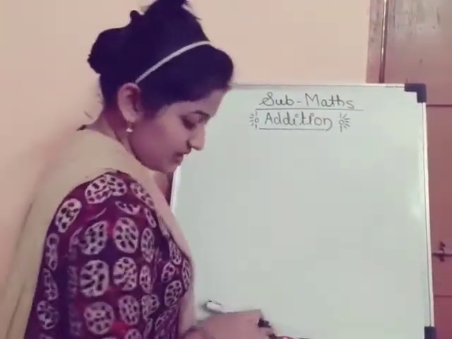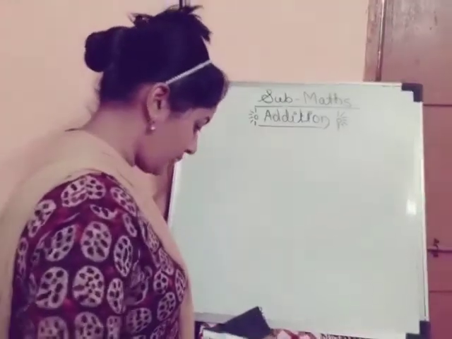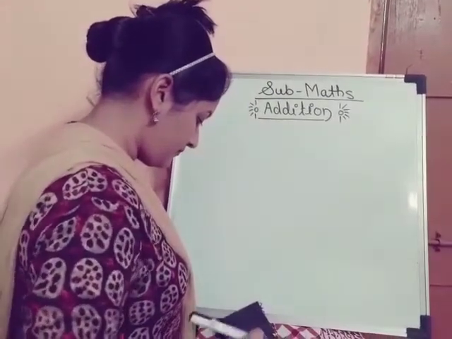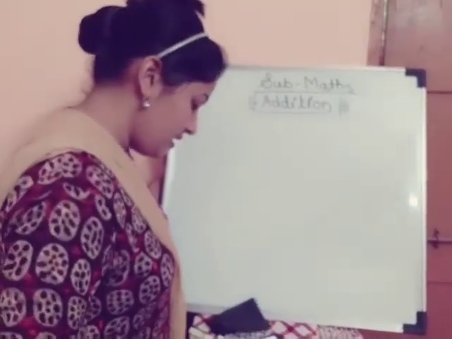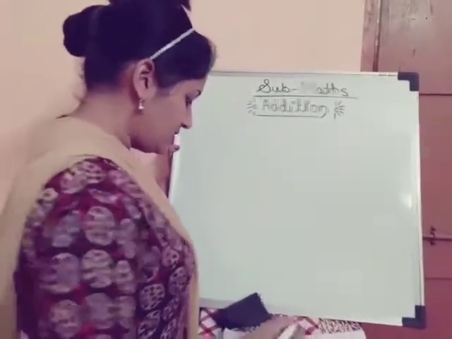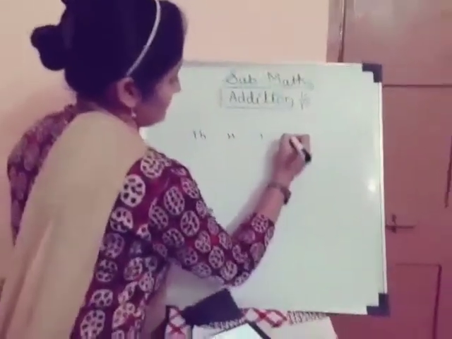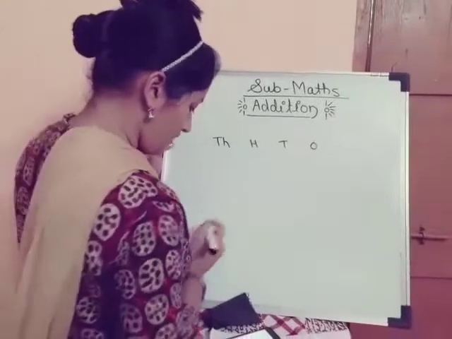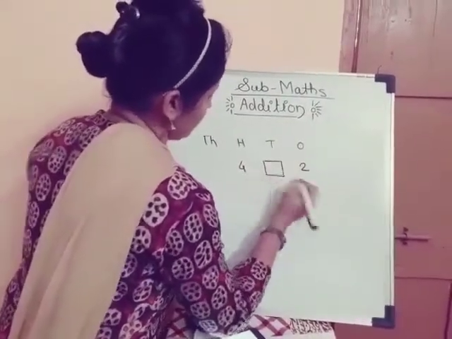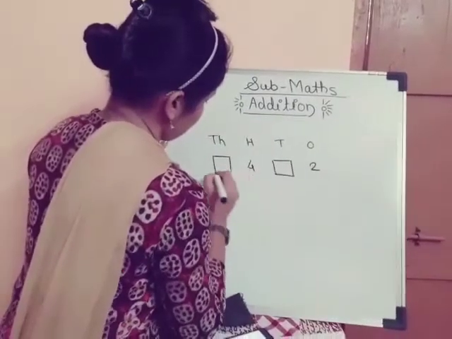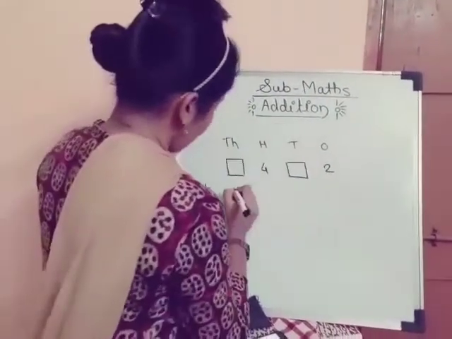The next concept is write the missing numbers. I will take the example from your exercise 2.2. Example is 4, 2. These numbers are missing. Plus 1.